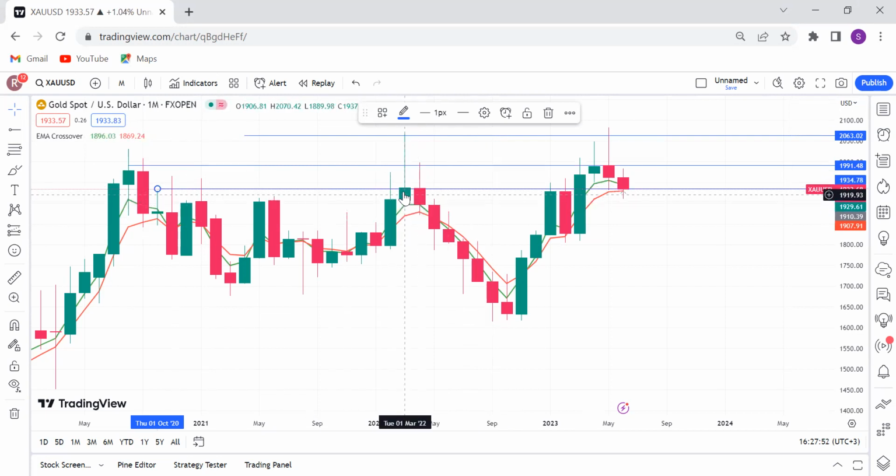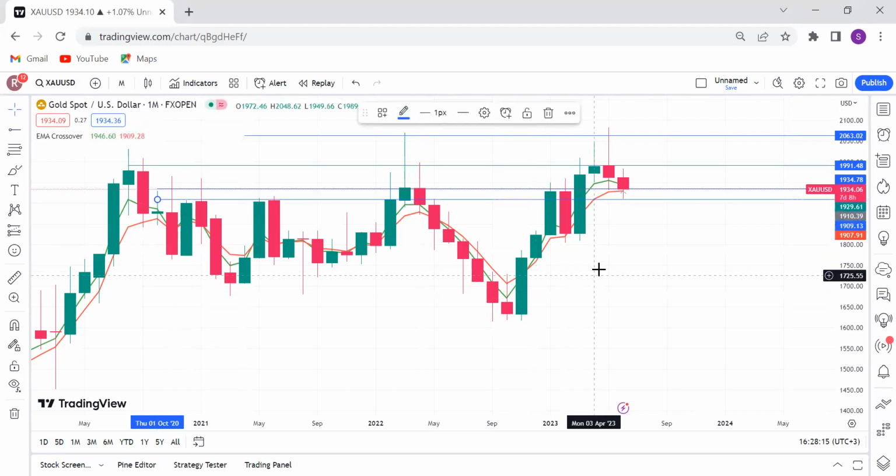So we're looking at the close of the buy and the open of the sell there at 1934. Then our last zone should be this one over here, just a bit. That one, 1909.